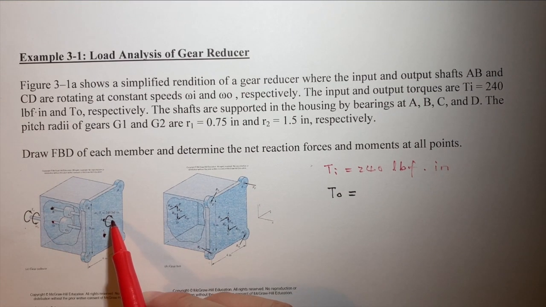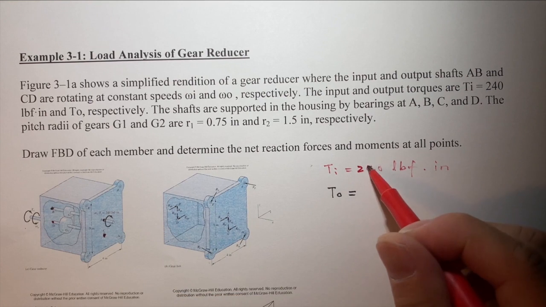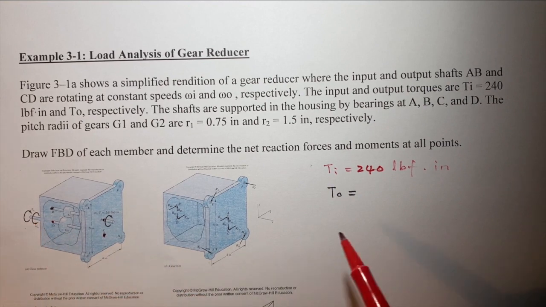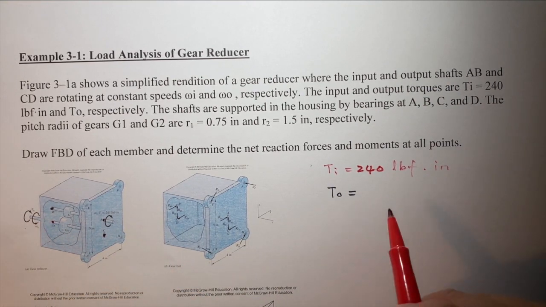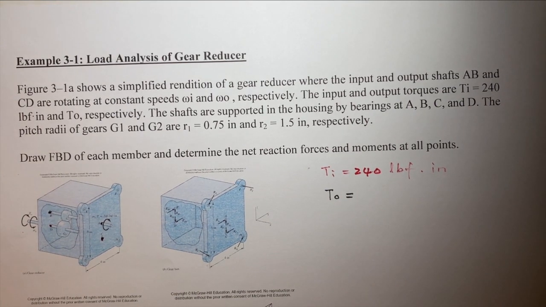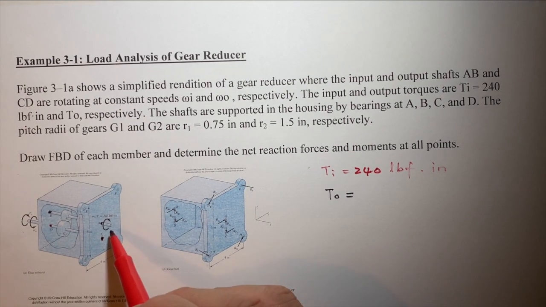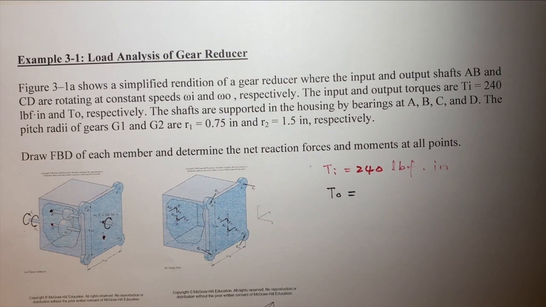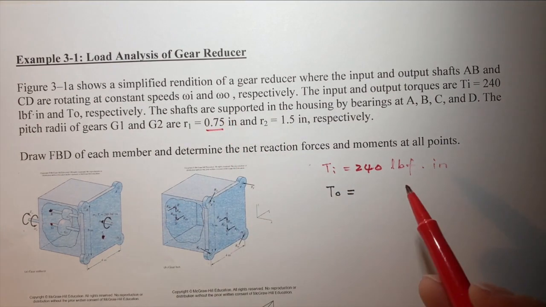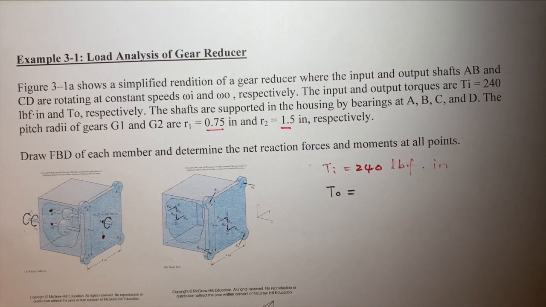The input torque is 240 pound-inches, and the output torque T_O is given here. The rotational speed is omega 1 for the input shaft, and omega O for the output. The gear 1, the smaller gear, R1 is 0.75 inches, and gear 2 is 1.5 inches.